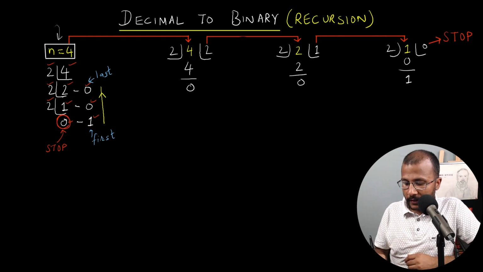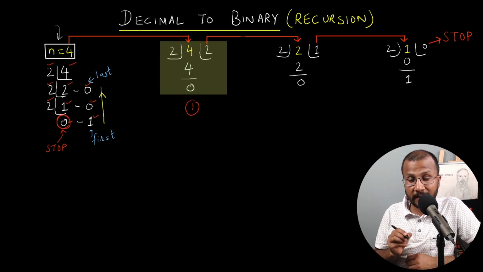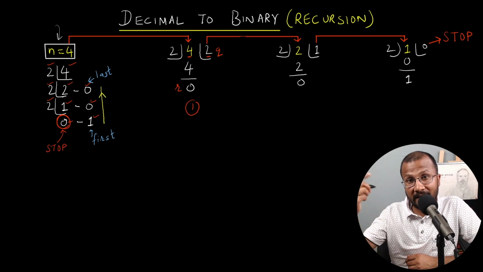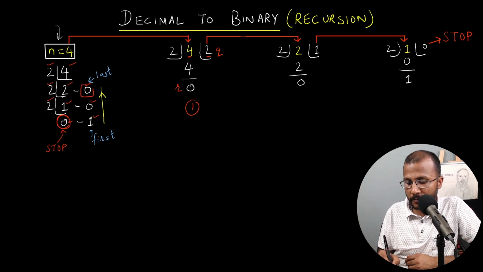So initially, in step number 1, I start dividing my input number 4 by 2, and then I find the quotient q and the remainder r. Here the quotient is 2 and the remainder is 0. Now this 0 is the number that I need to print at the very last, because I'll have to catch hold of all these remainders from bottom to top.